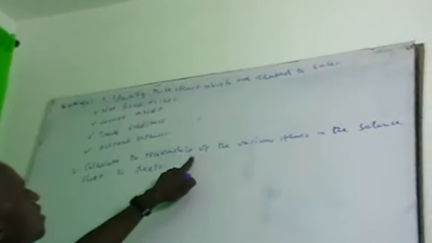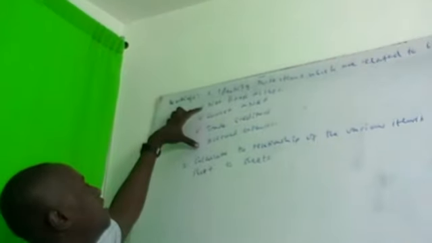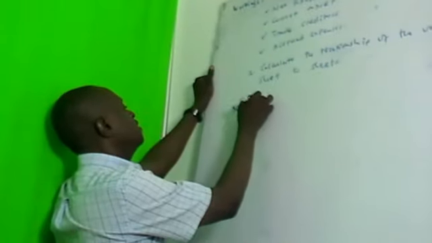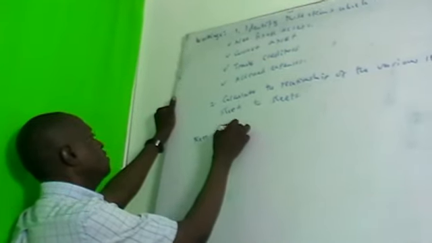So these various items are those items which are directly related to sales. So let's start with the net fixed assets.